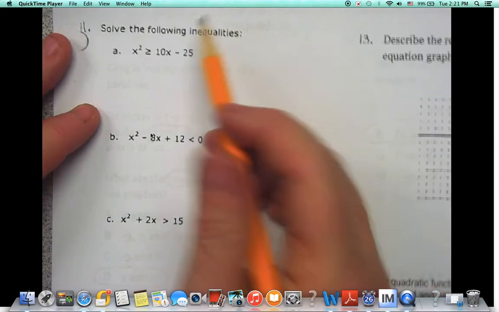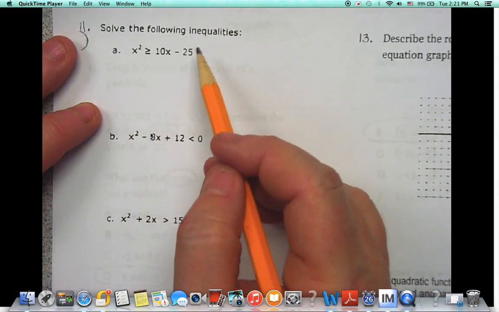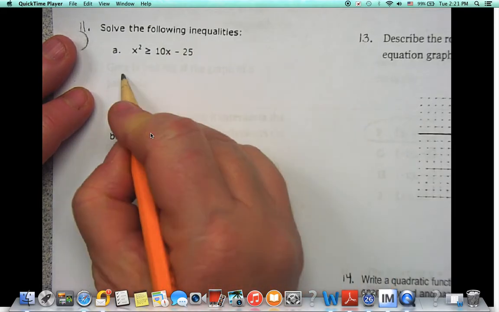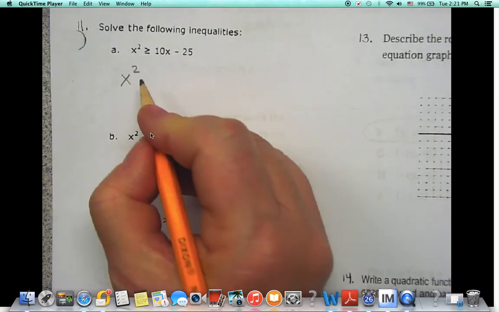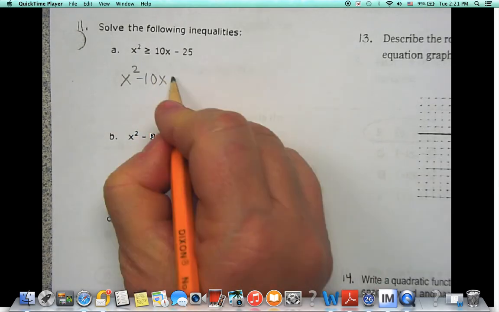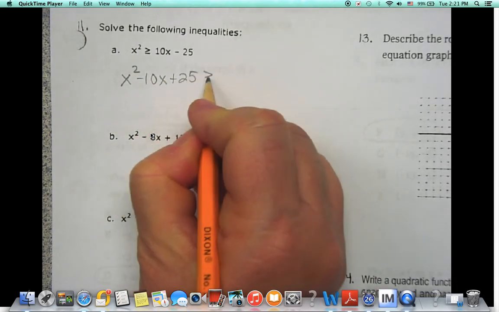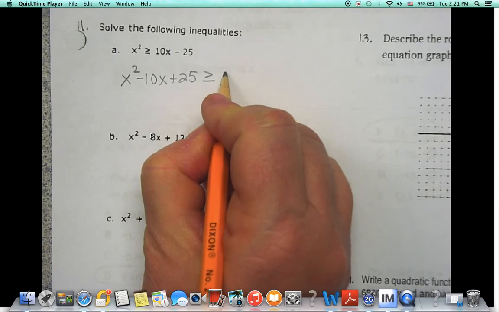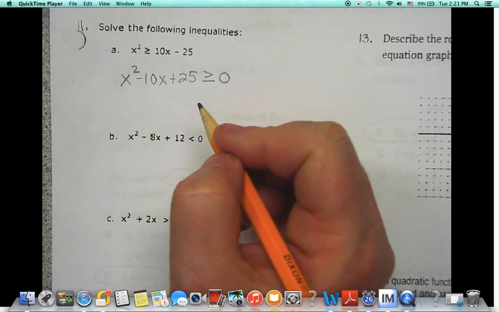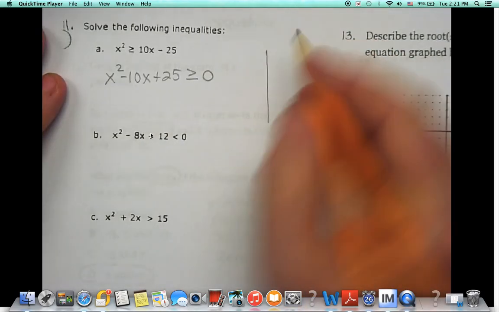First, let's get everything on one side, 0 on the other. So, x squared minus 10x plus 25 greater than or equal to 0. Good. And then we're going to put it in y equals and sketch the graph.